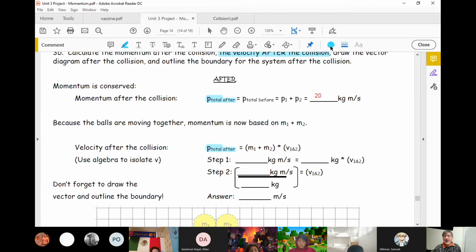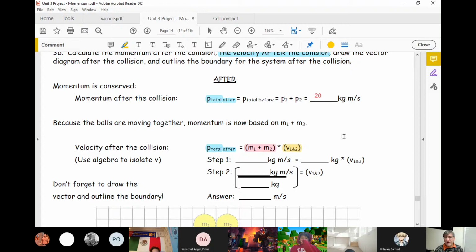For the mass, I'm going to use this pink highlighter. So mass is now combined, right? Momentum, P, equals mass times the velocity. Now they're moving together like two train cars connected with one another. So it's V1 and 2 combined, and I'm going to use a yellow highlighter for that.